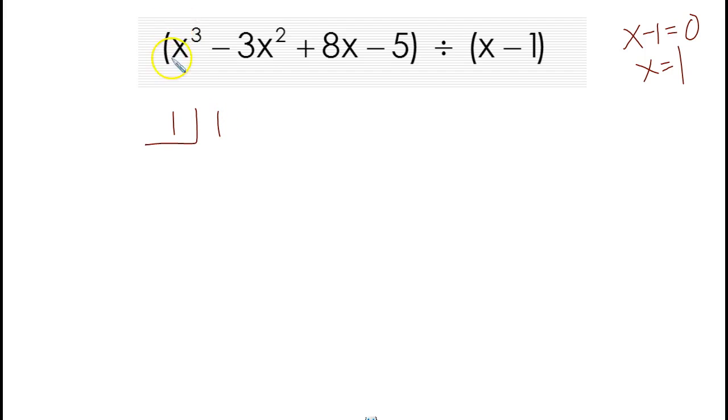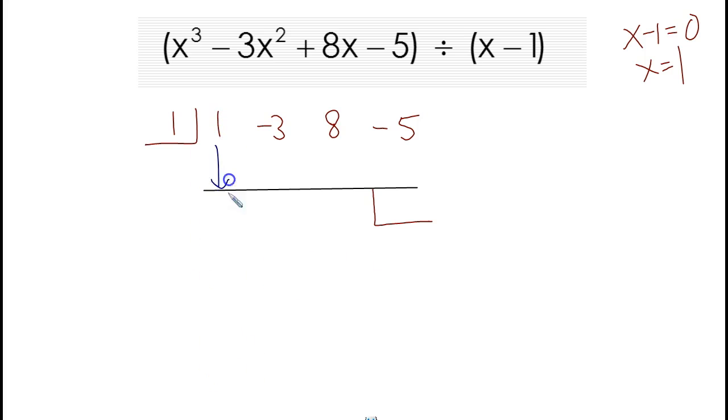The first coefficient is a 1, the leading coefficient is a 1. -3 is next, then +8, and the constant is -5. Draw my line underneath here, giving myself a little space under there. Go ahead and set apart with another L the remainder. And then we do this process.